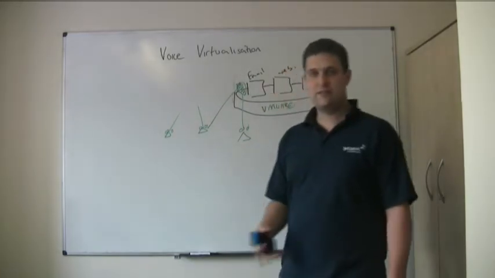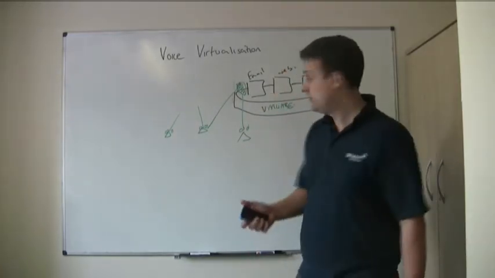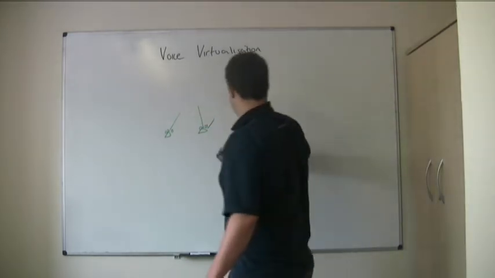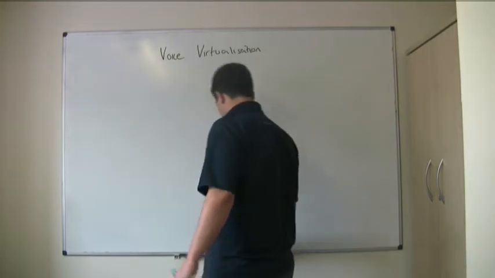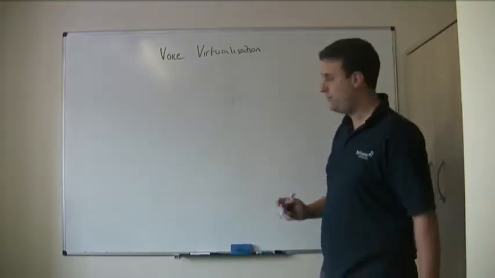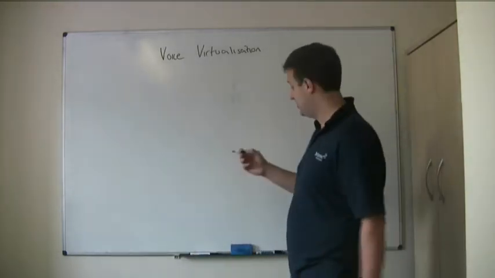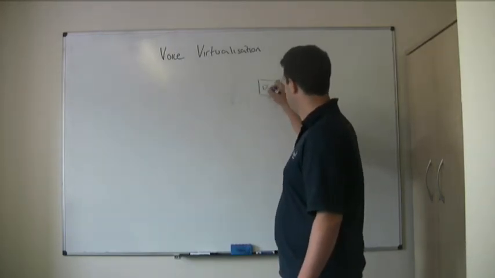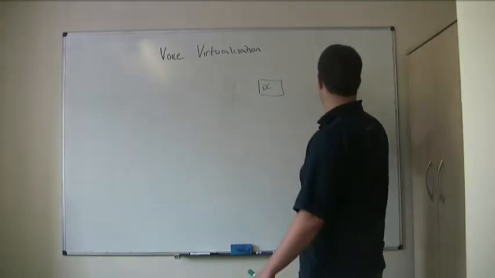So if we look at this in a typical deployment, and I'll draw this out. You may find that an organisation has two data centres, or two locations where their servers are running.